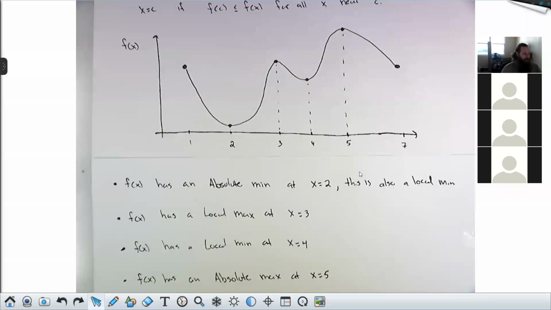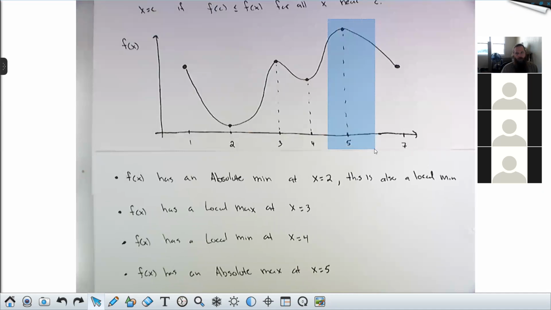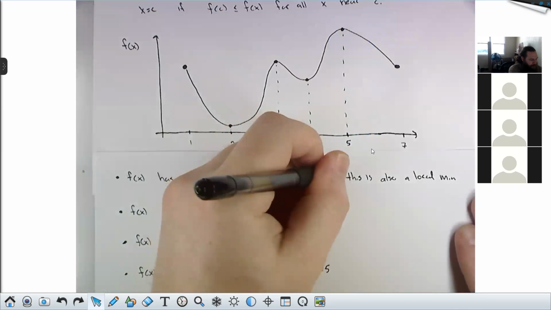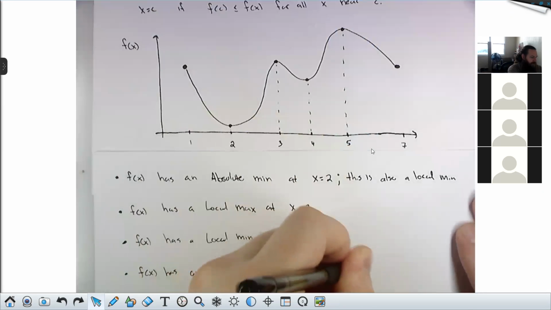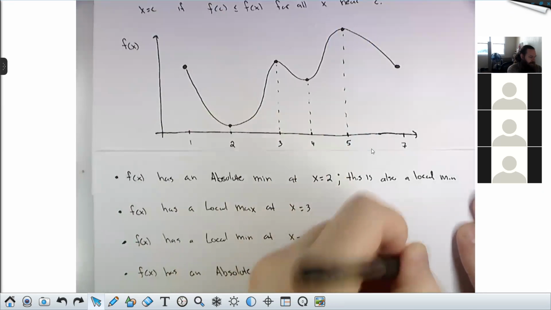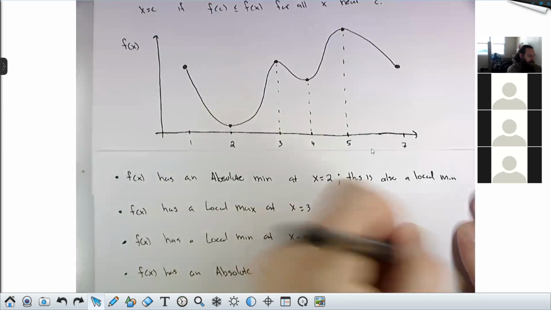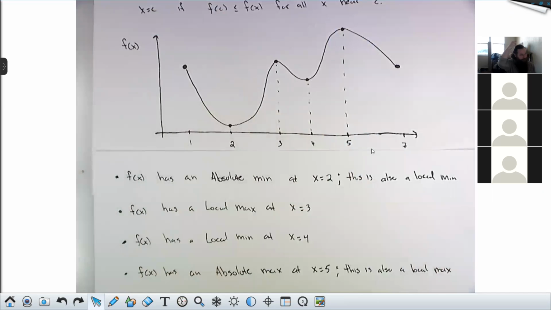And also, if I was looking only within this little window, that is the tallest point there as well, right? So this is also a local max. Cool stuff, right?